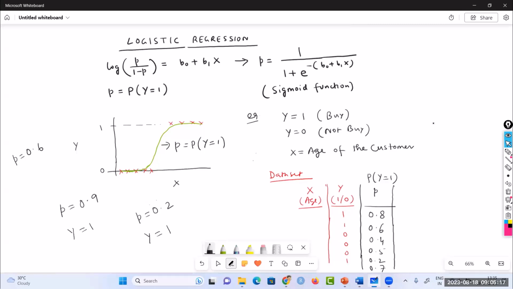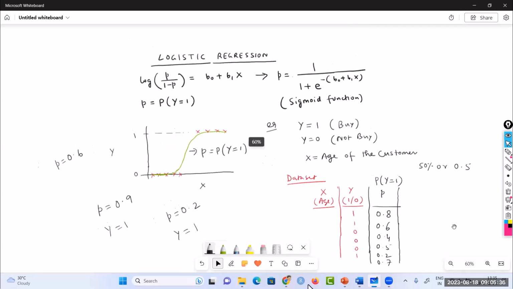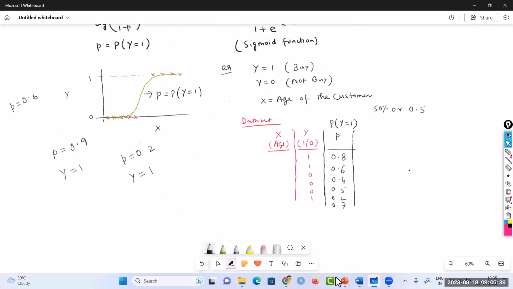Normally, we will start with a threshold of 50% or 0.5. If my probability value is greater than or equal to 0.5, then y hat equals 1. Y hat means the predicted y value. And if p is less than 0.5, then y hat is equal to 0.